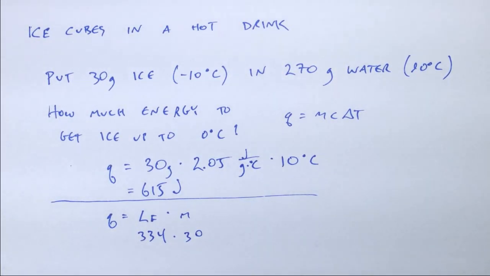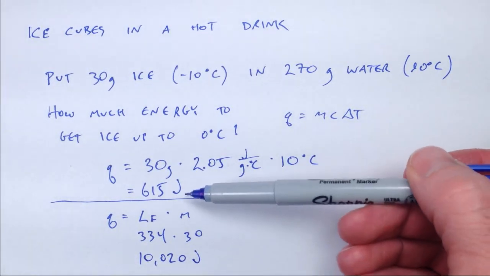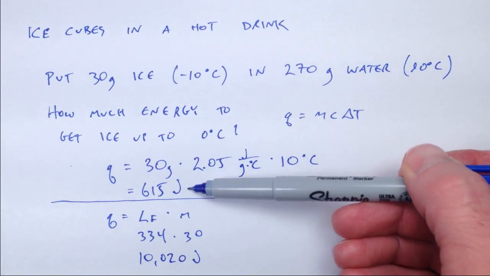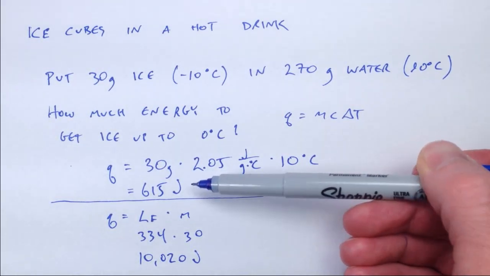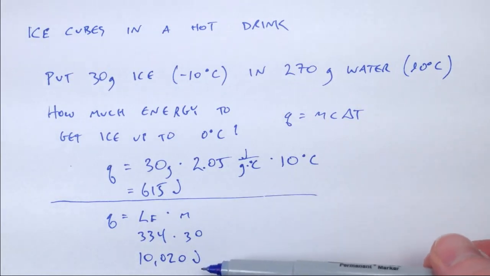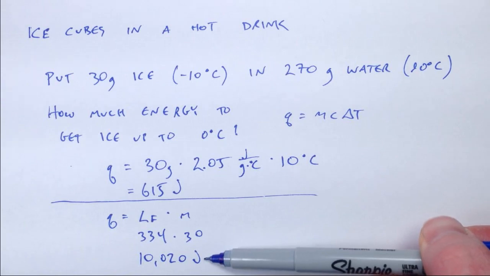And that was 10,020. So that one is much more expensive, energetically speaking. It's going to cost that hot water 615 joules just to get the ice up to melt. It's going to cost 10,020 joules to make the ice melt.